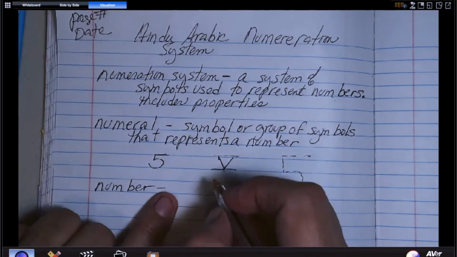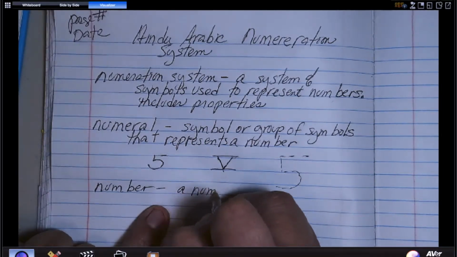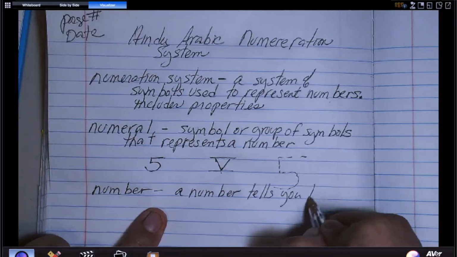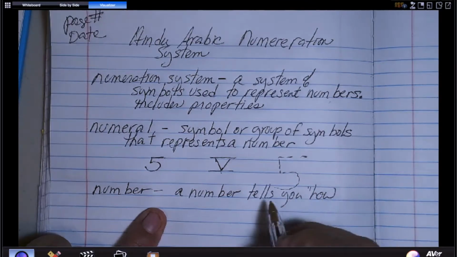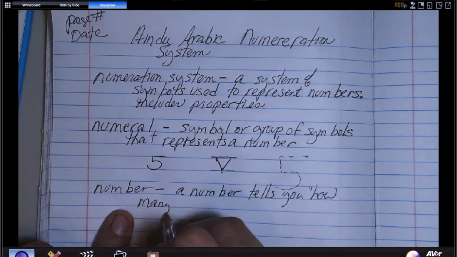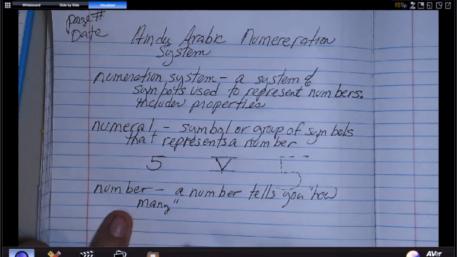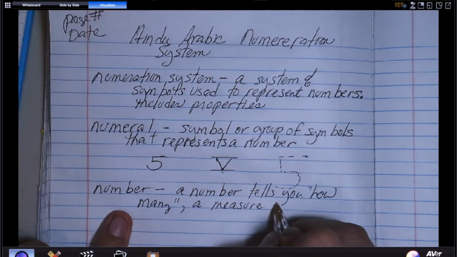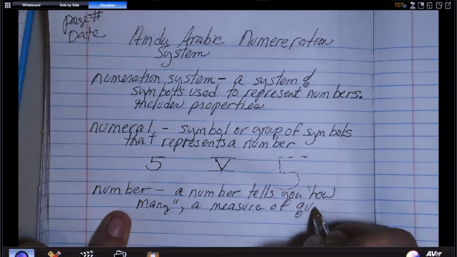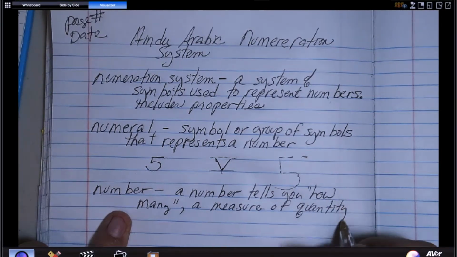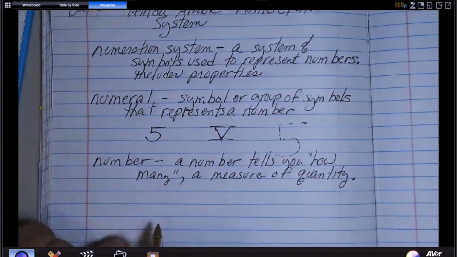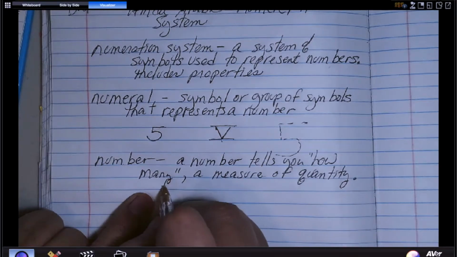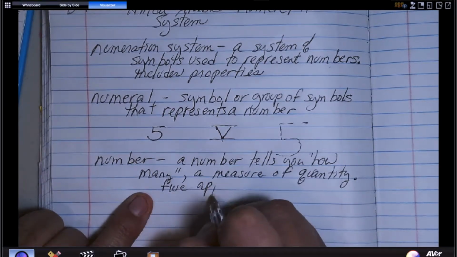So a number tells you how many. It's a measure of quantity. You are counting. I have 5 apples. And so I am counting 5 apples.